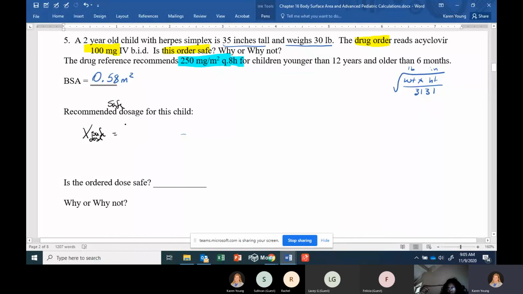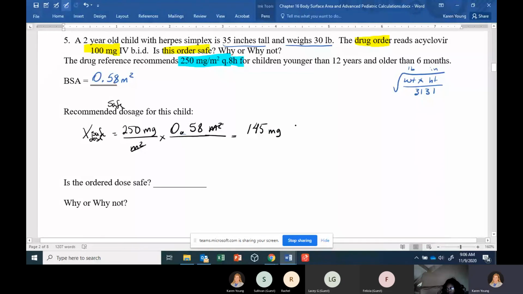I'm just going to write it out. 250 milligrams per meter squared times my BSA, which is 0.58 meters squared. So my meter squareds cancel. And I'm doing 250 times 0.58, and I get 145 milligrams.